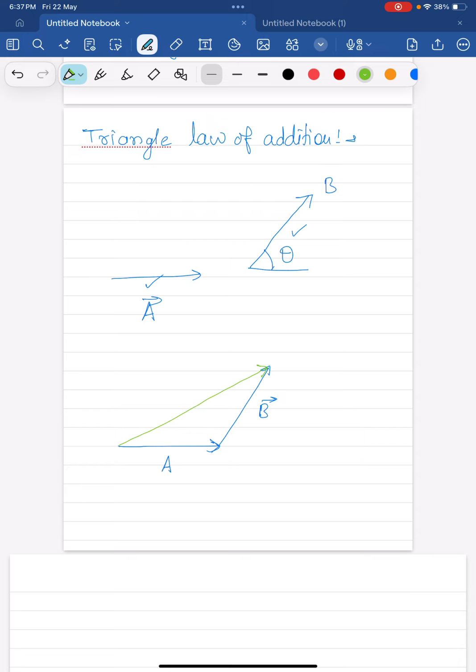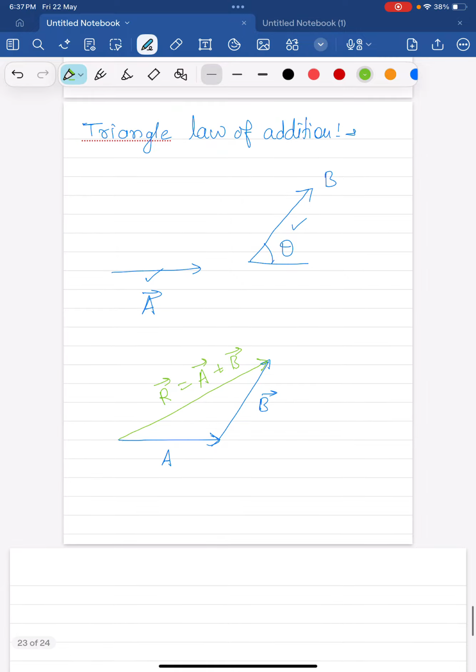This vector is the resultant vector, the resultant of vector A plus vector B. To find the magnitude of the resultant vector, we will find the length of this arrow, and to find its direction, we will find the direction of this arrow.